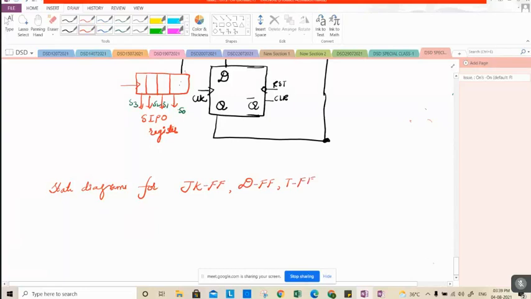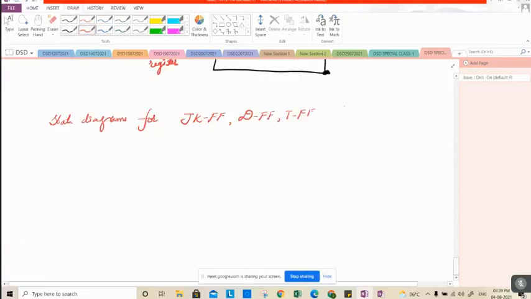Assume that y is equal to Qn plus 1 for these flip-flops.